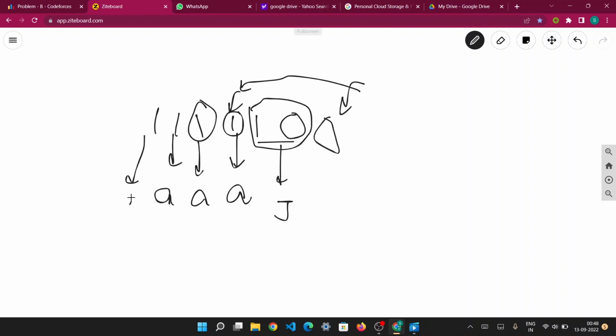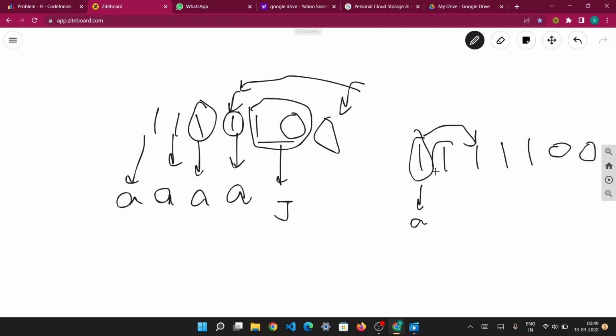and A. Say we solve the problem from the beginning initially. 1, 2, 3, 4, 5, and then 0, and then 0. So 1, say I look here, there is no 0. So I'm taking it as A itself. And then this, there is no 0. So I'm taking this as A itself.